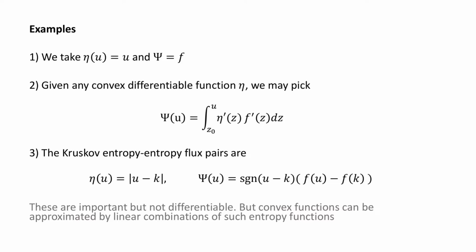This is why we have introduced this slightly generalized notion of entropy-entropy flux pair. However, it turns out that convex functions can be approximated by linear combinations of such Kruzhkov entropy functions, eta. Okay, so we verified that there is a rich selection of possible entropy-entropy flux pairs compatible with any given flux f.